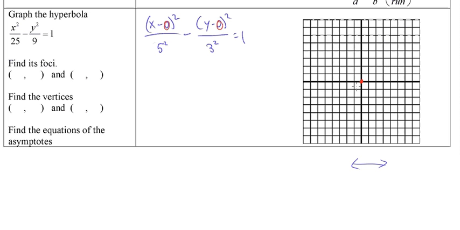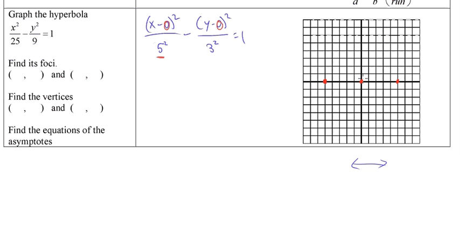Now, our vertex and would-be vertex are going to be at the center plus 5 and the center minus 5. So plus 5: 1, 2, 3, 4, 5. And that point will be part of our graph. That's going to be our vertex. And over here at negative 5, 0, that's just the center minus 5.